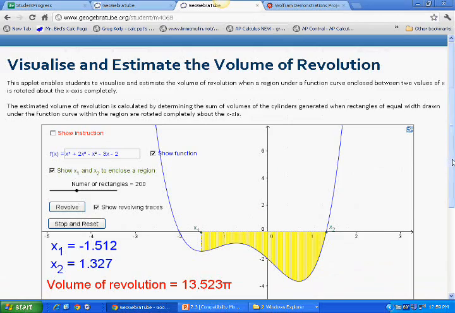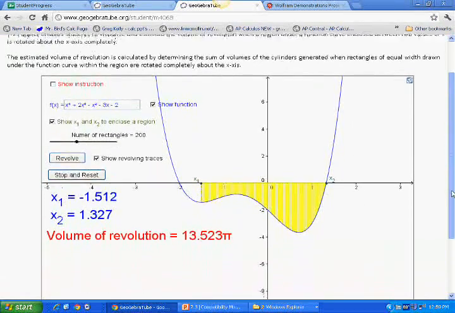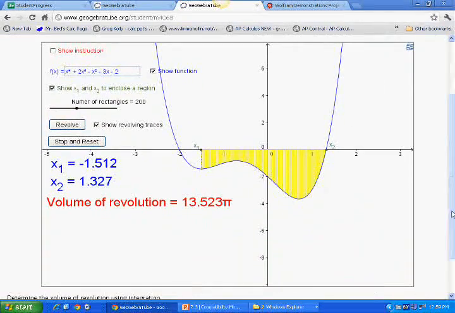I have another function here, and this function is an x to the fourth. We can see that it is an x to the fourth, and what I can do is revolve it over the x-axis, and you can see that it will form some sort of a vase.